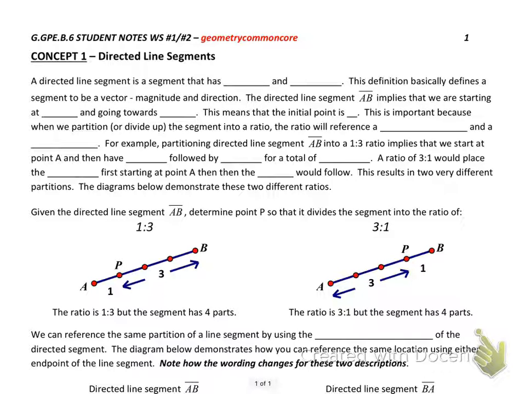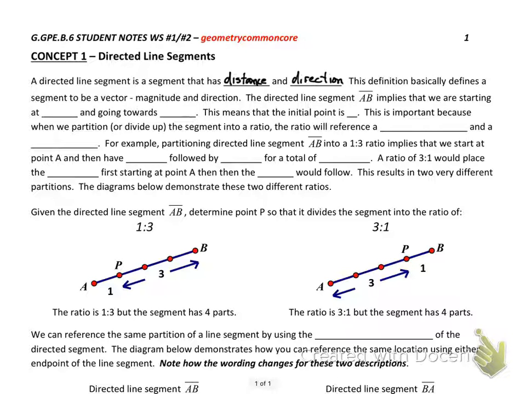All right, so directed line segments, now to kind of clarify exactly what it is we're talking about. A directed line segment is a segment that has distance and direction. Now, we talked about things having distance and direction before, and we called those vectors.